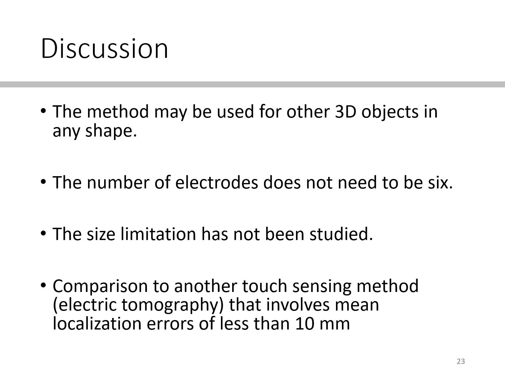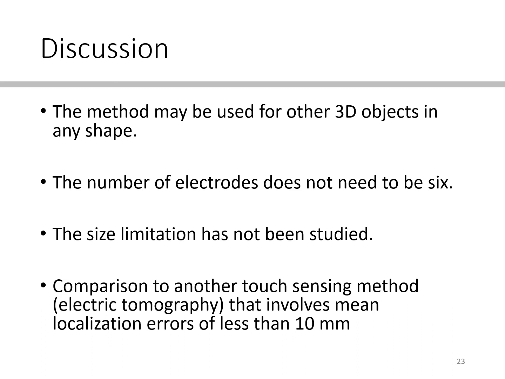I would like to briefly discuss our method and results. The method may be used for other 3D objects in any shape, since the method does not depend on the arrangement of the electrodes. Also, the number of electrodes does not need to be 6.